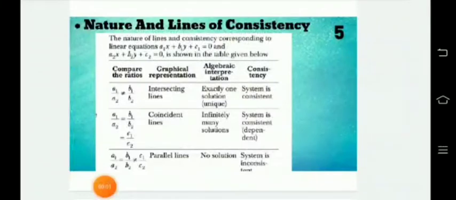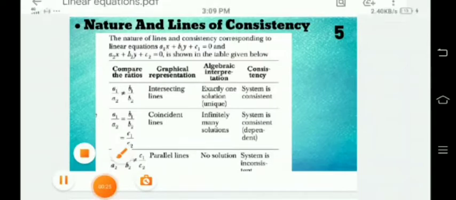Nature of lines and consistency: what is the nature of consistency according to the graph or the values? The nature of lines and the consistency corresponding to the linear equations a1x plus b1y plus c1 is equal to 0 and a2x plus b2y plus c2 is equal to 0 is shown in the table given below.